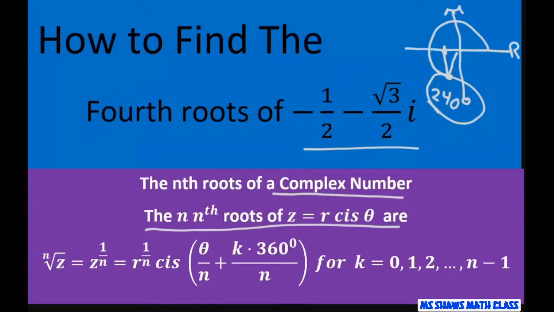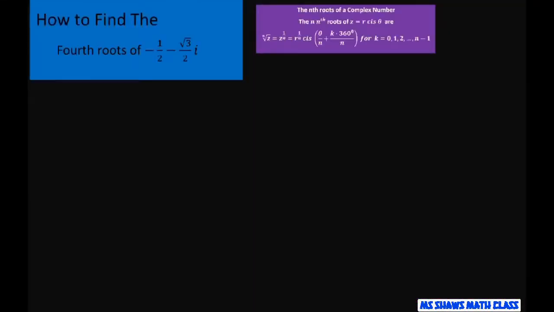So the way I can rewrite this is I can write this as c to the fourth. We know it's going to be negative 1/2 minus square root of 3 divided by 2i.